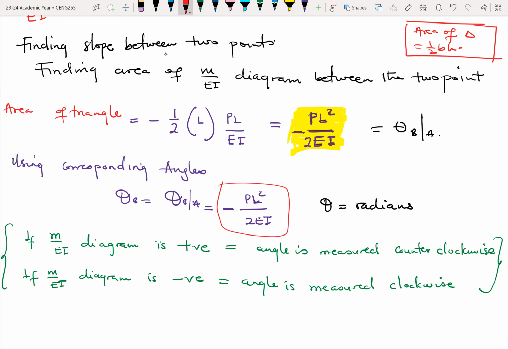But in typical examples, I'll know the value of P, the value of L, and I also know E and I. Once I put them into this equation, I'll get an actual value, maybe 0.002, and this is written in radians, either the whole word radians or just the short form rad. So theta b will be equal to minus 0.002 rad. That's how we find the angle using the equation.